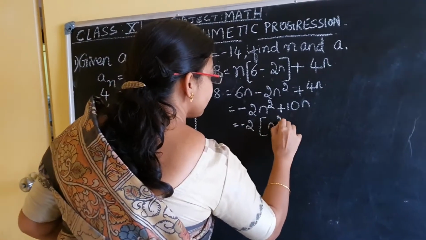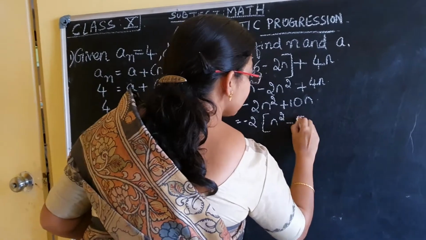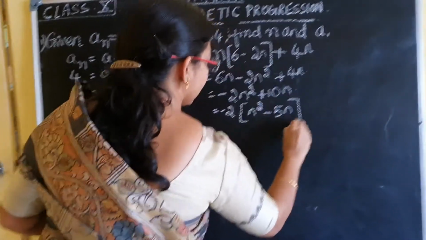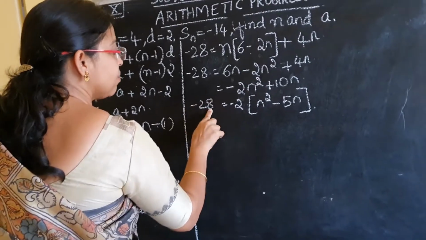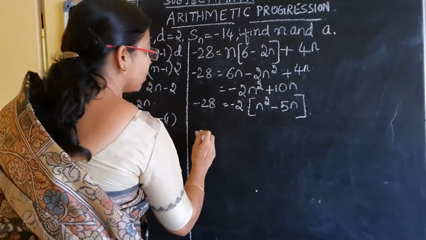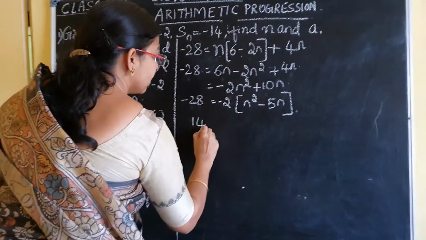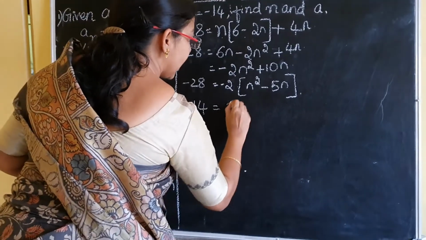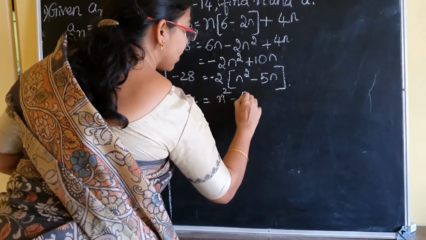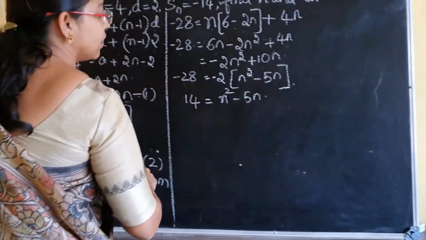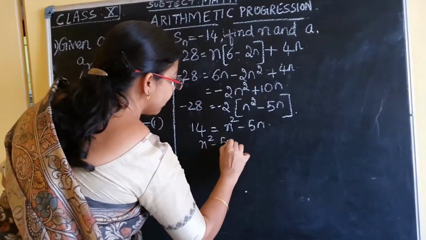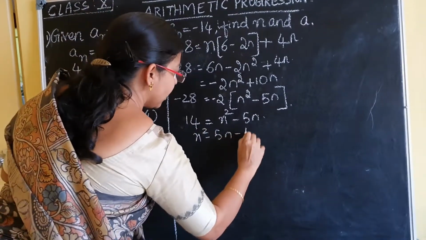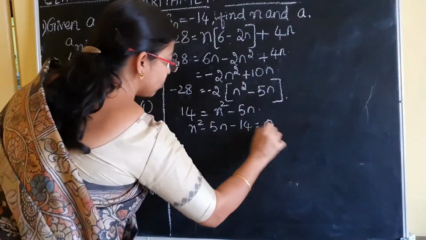It leaves n square minus 5n. So minus 28 is there on the left hand side. Minus 28 divided by minus 2, which is 14, is equal to n square minus 5n. Now n square minus 5n minus 14 is equal to 0.